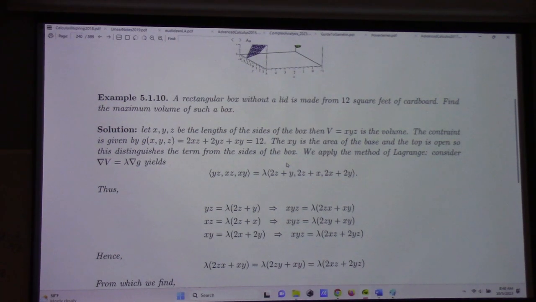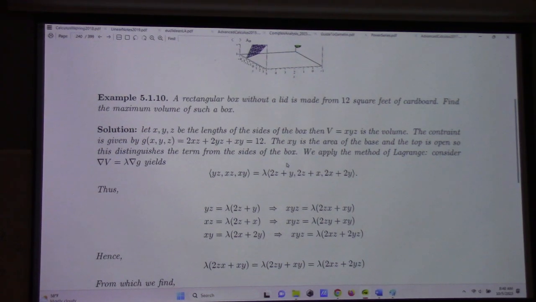Because in that situation, x, y, and z would be completely symmetric in their role in the problem. So there can't be an answer that's different than having x, y, and z equal. If the problem statement has a complete symmetry between x, y, and z, the answer can't violate that symmetry. This is a general principle. Here, there's a complete symmetry between x and y in the problem statement, so the answer has to have x equal to y, which forces a square bottom.